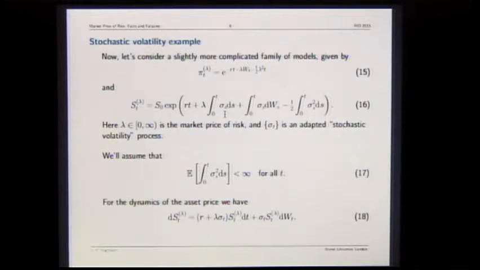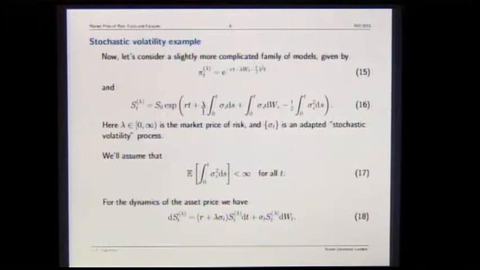We'll keep it very simple, so that sigma itself is understood to be an adapted process, adapted to the filtration of the single Brownian motion that's driving the model. And we'll assume that sigma has this square integrable property. So again, that simplifies the model further. And then we obtain, in this way, a parametric family of models for the share price.